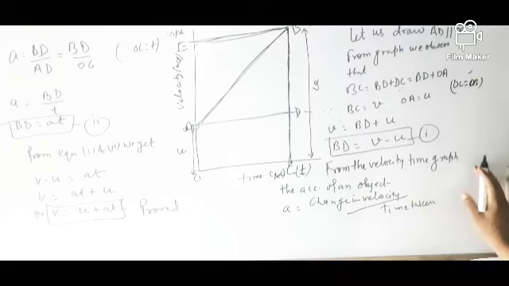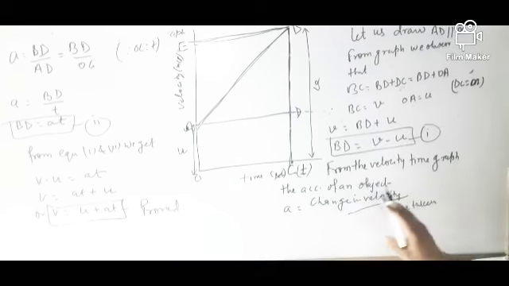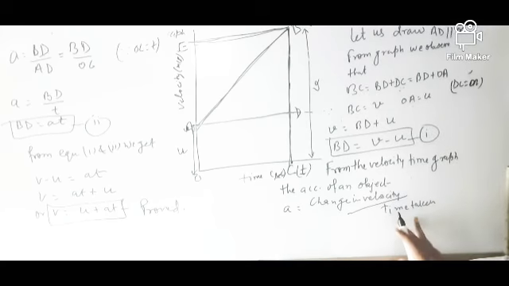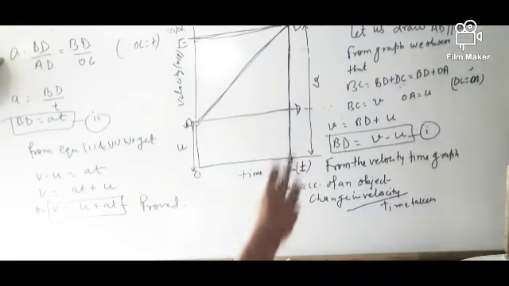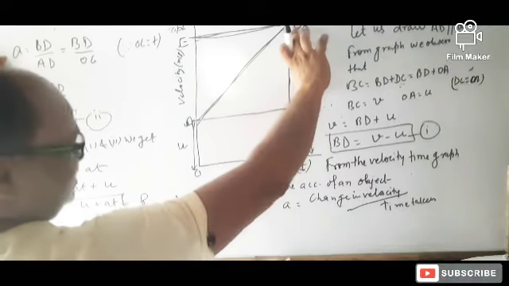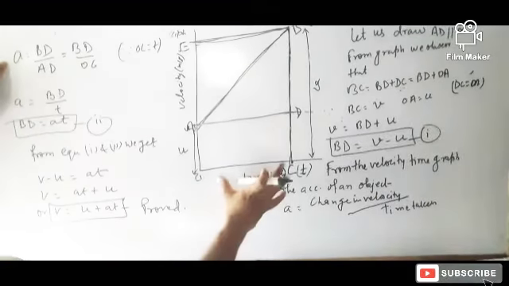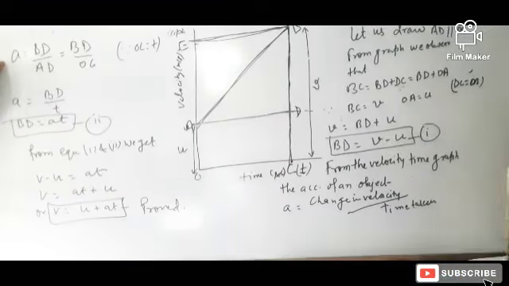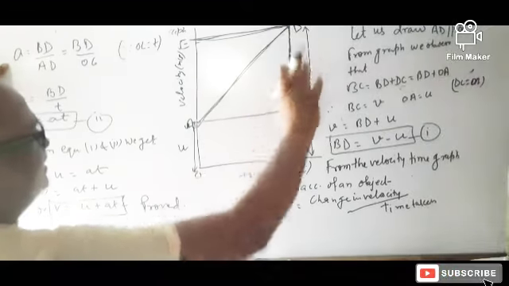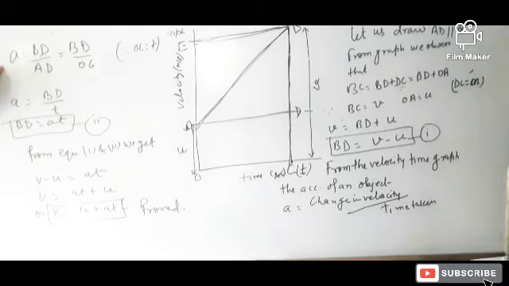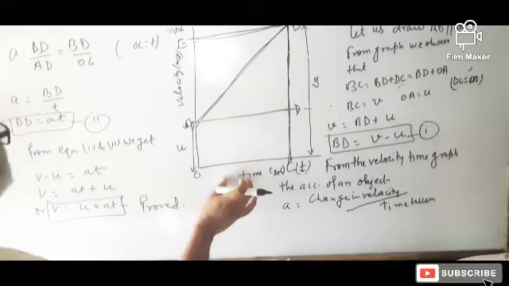From the velocity time graph, the acceleration a of an object is equal to the change in velocity divided by the time taken. So a is equal to BD by AD, and AD is equal to OC, which is t.